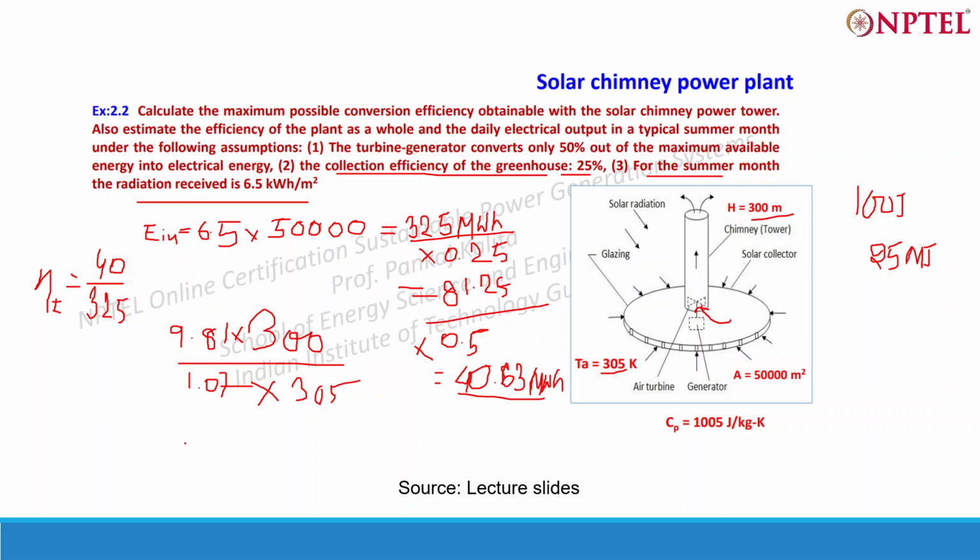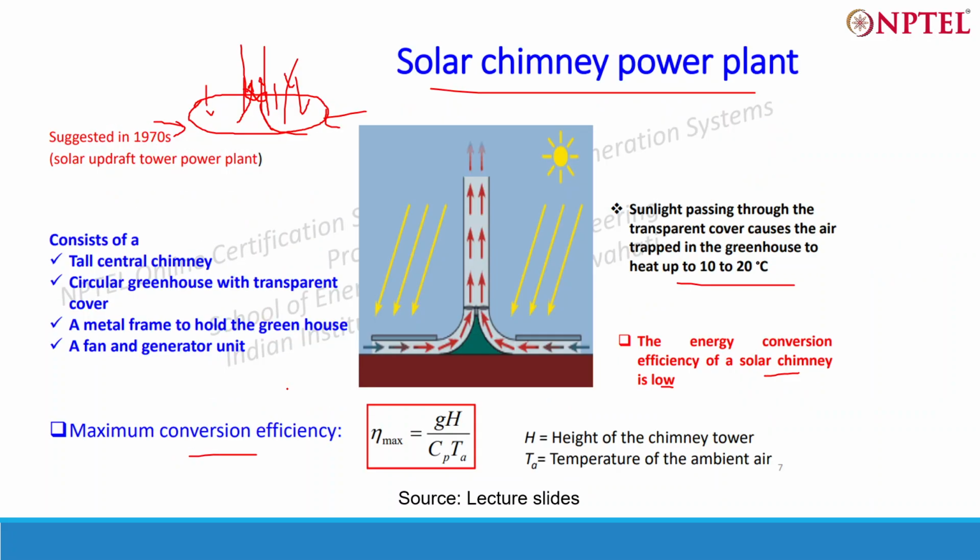Okay, so you can calculate the maximum efficiency: 10 to 300 by 1.07 by 305. You can calculate this maximum efficiency using this formula.